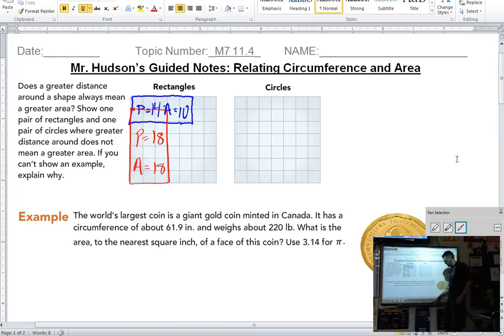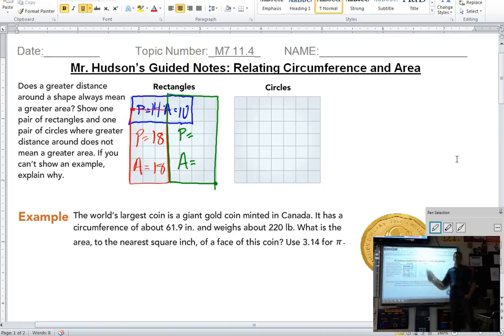Let's try a really long one. Let's do a 1 by 7. Actually, sorry, I lied. Let's do a 4 by 7. I want to show you this last little bit of the example to show you all 3 situations. So again, I'm overlapping a little bit.